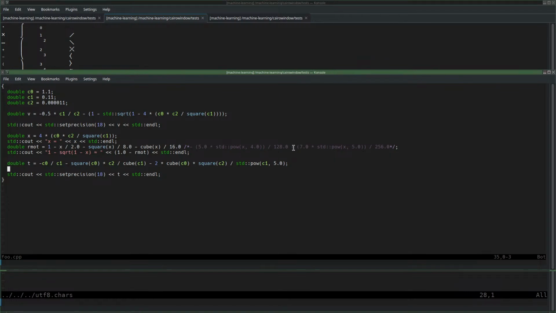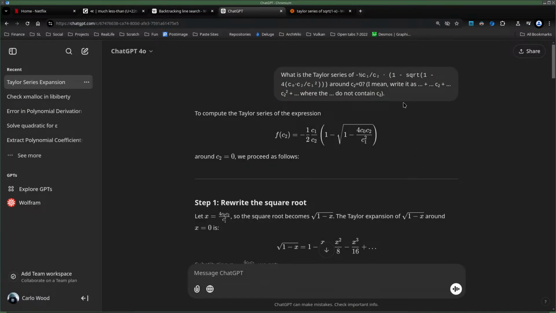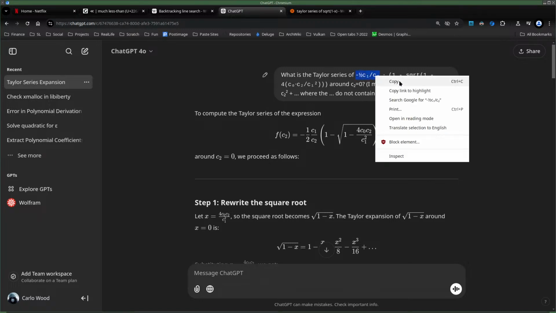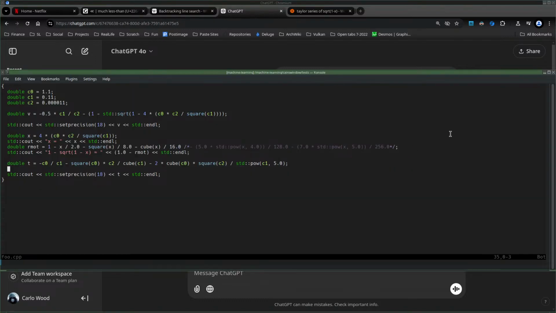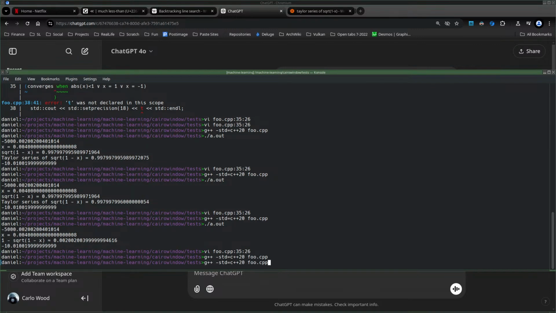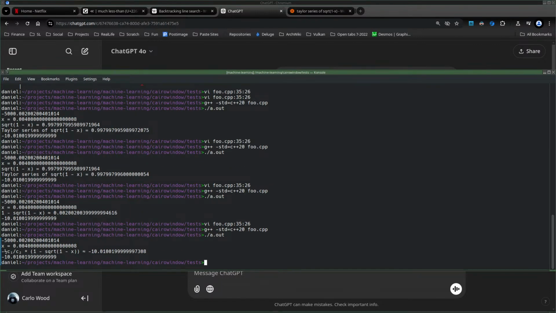And that is the approximation, and then we want to multiply that with this. Well, lo and behold, this is correct.